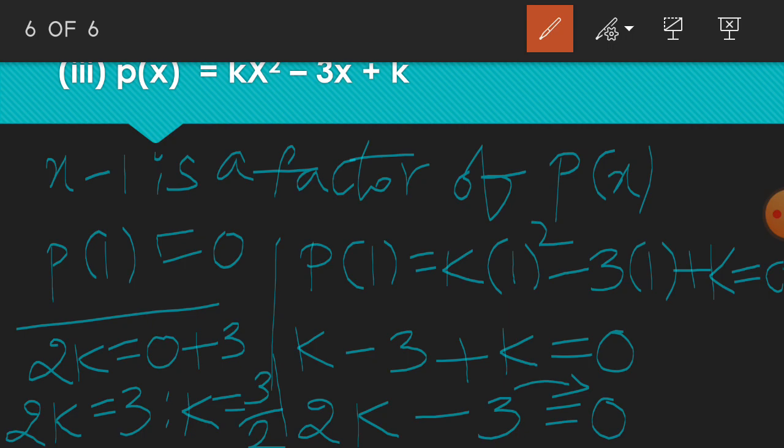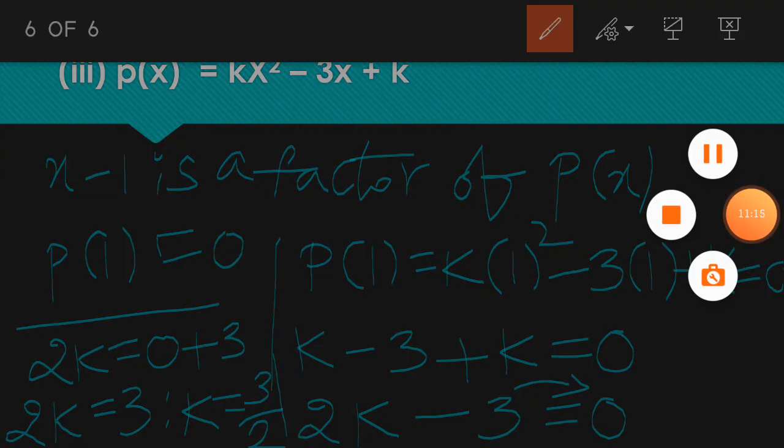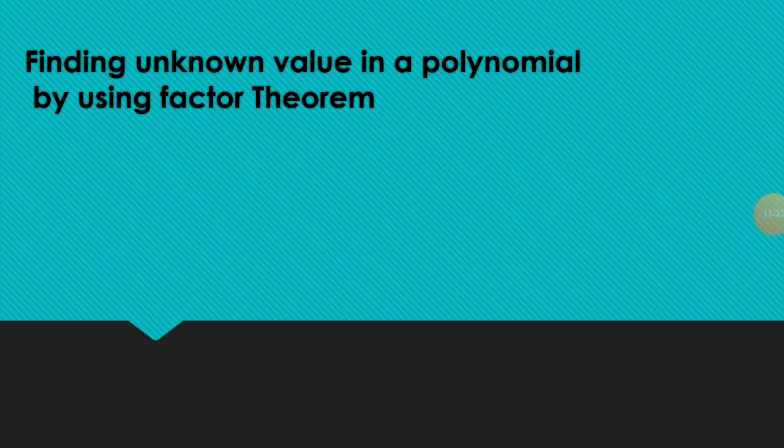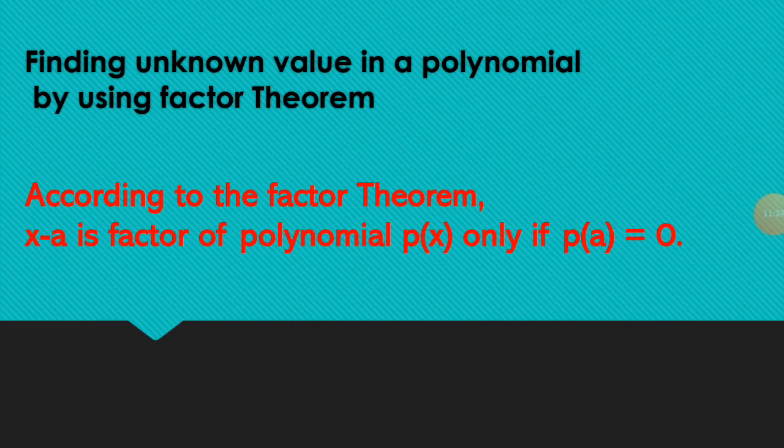Now what you have to do is take some other factor like x minus 2, x minus 3, x plus 3, x minus 1 by 2, x plus 1 by 2, some other number, some other factor, and try to solve the same problems with different factors and find out the values of k. Just go through all the slides once again so that you can understand better.